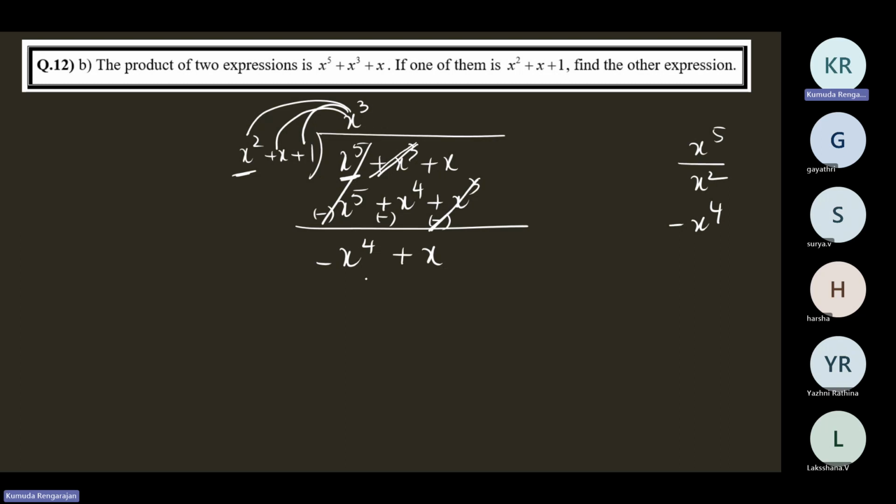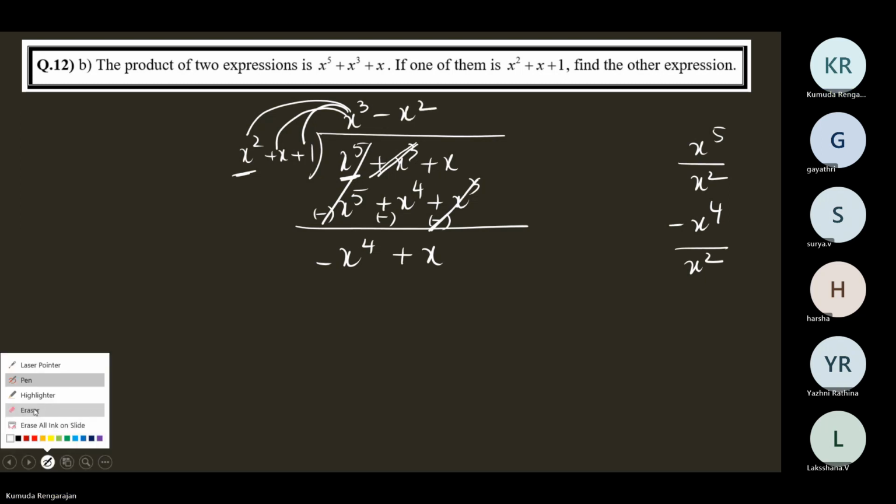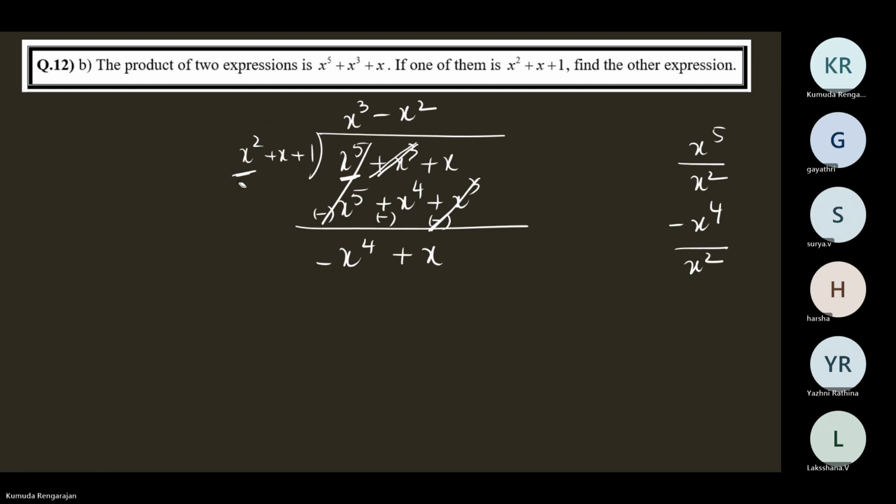So divide the first term, minus x to the power 4, by x squared. So you get minus x squared. Now again, multiply this minus x squared with x squared, minus x squared with x, and minus x squared with plus 1. So minus x squared into x squared, 2 plus 2, 4.